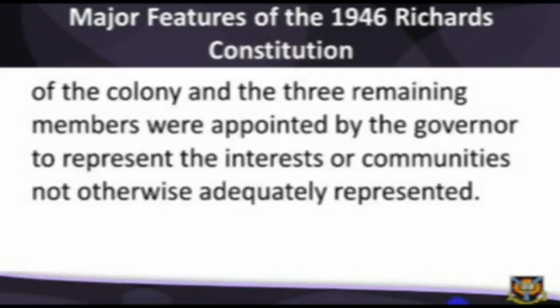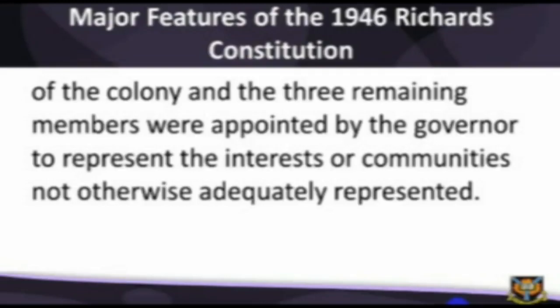Note: the 1946 Richards Constitution divided the country into three, and there were regional assemblies for these regions, namely Northern, Western, and Eastern Nigeria. The North had a House of Chiefs in addition. In other words, while the Western and Eastern parts of the country had a unicameral legislature, the Northern part had a bicameral legislature.